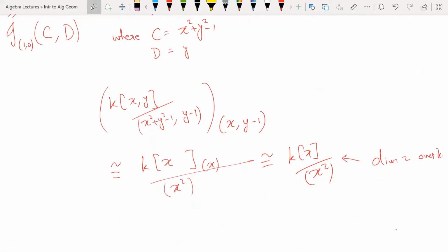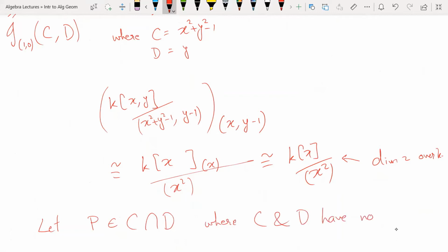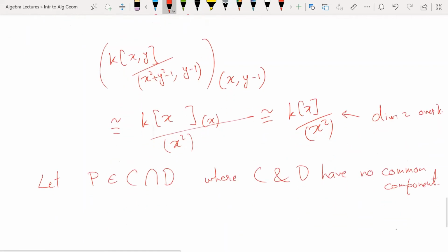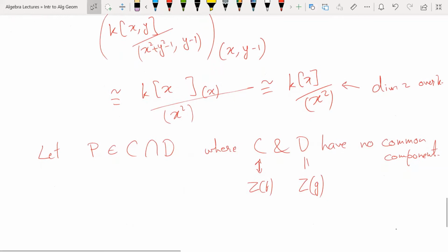So let P belong to C intersection D, where C and D have no common component. This is the same as saying that if C is Z of F and D is Z of G, then F and G have no common irreducible factor.